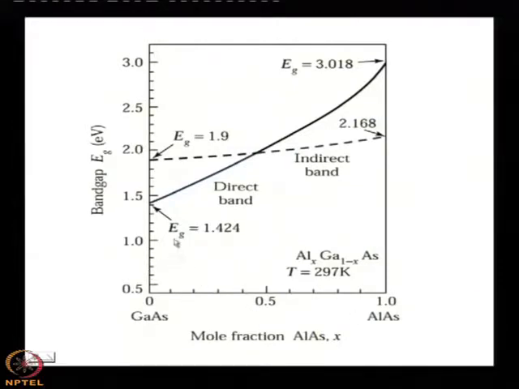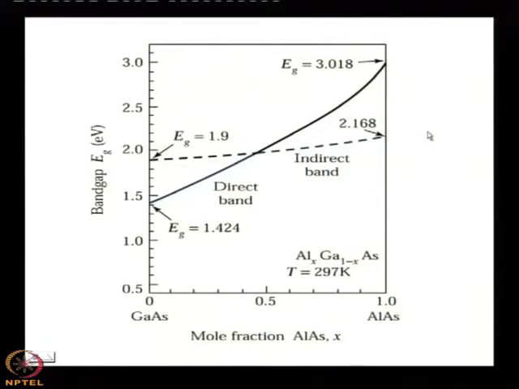So, you see that at 0.45 it becomes indirect band gap semiconductor. So, aluminum gallium arsenide after 0.45 concentration X, when aluminum is 0.45, up to 0.45 it is direct band gap. As you cross 0.45 it becomes indirect band gap semiconductor.